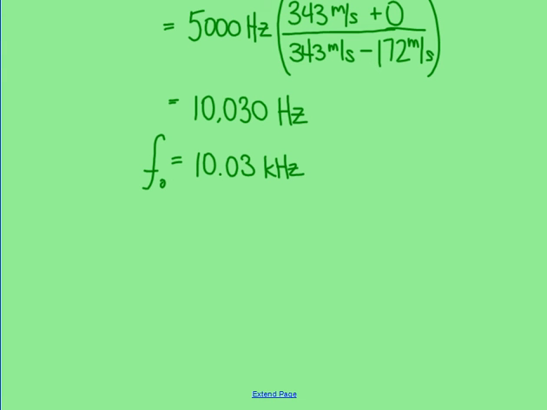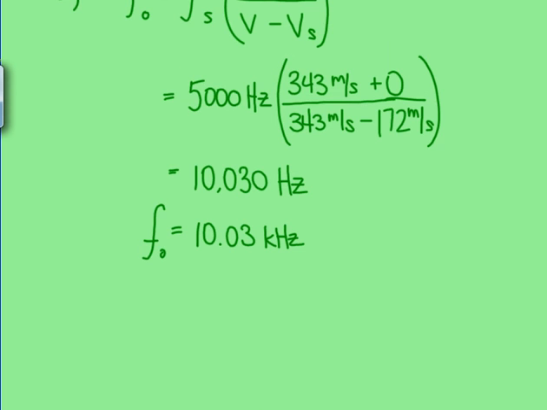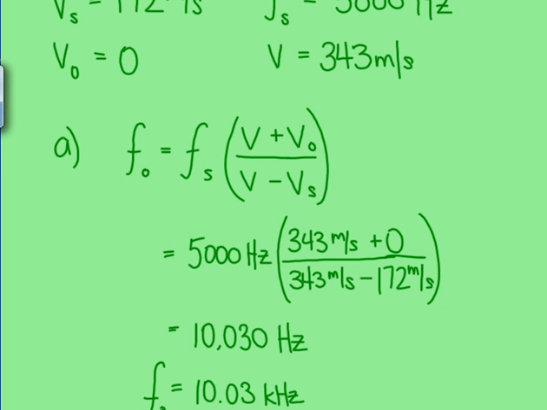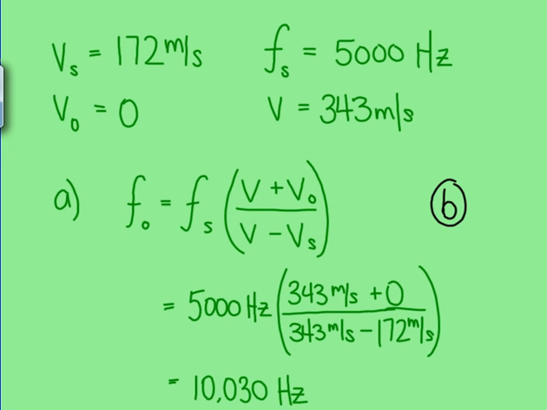Well, what changes if the plane is moving away from the observer? If the plane's moving away, we're going to do that in black here. Then the source is moving away, so it would be negative 172 meters per second.